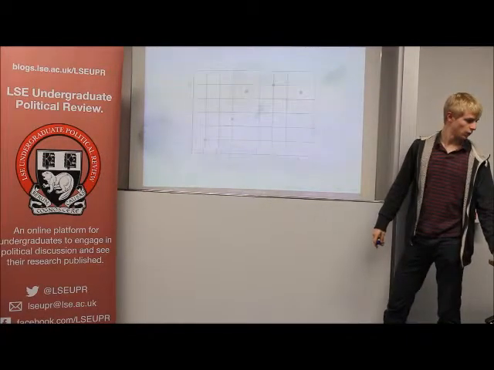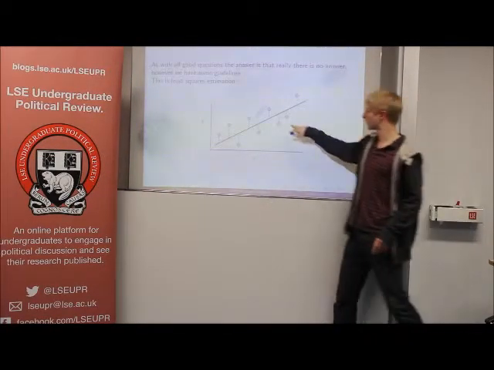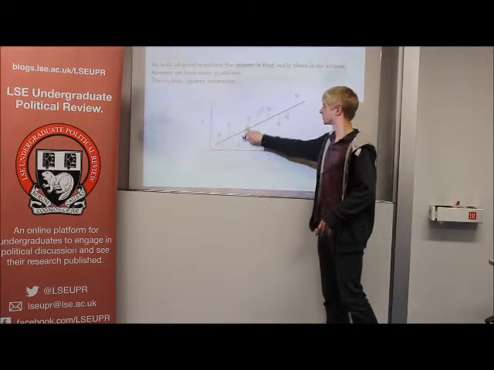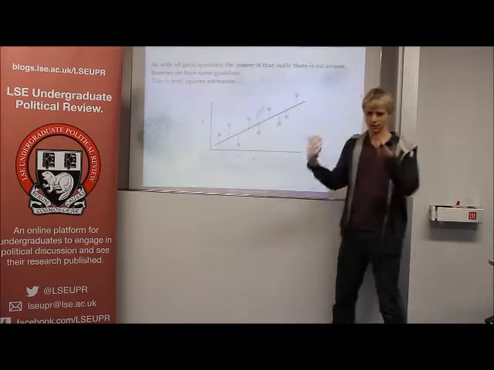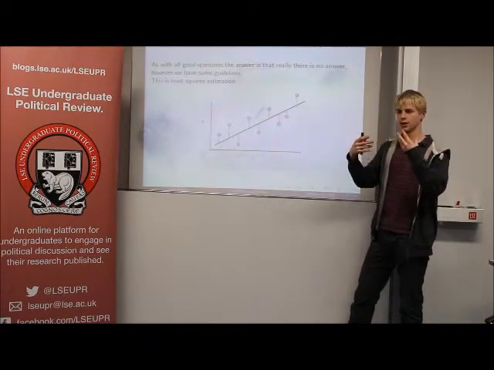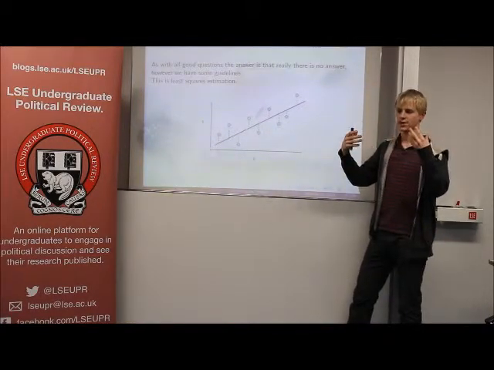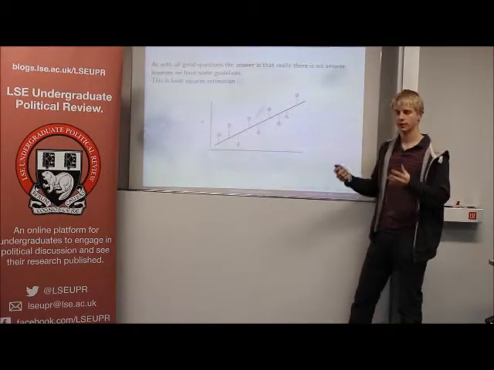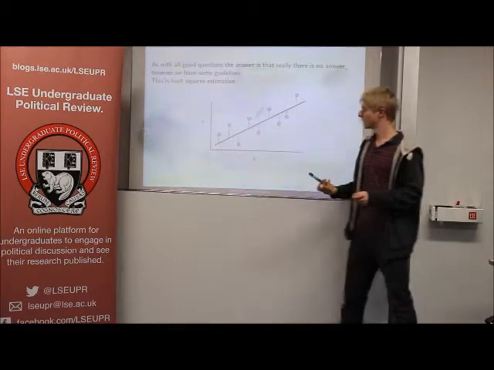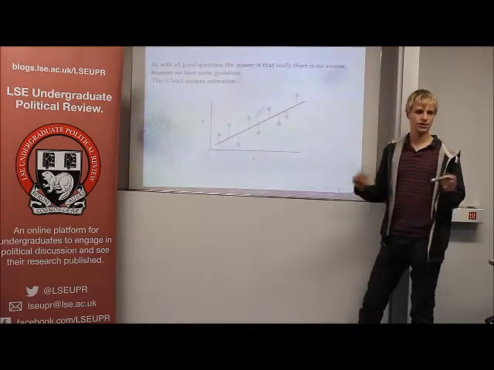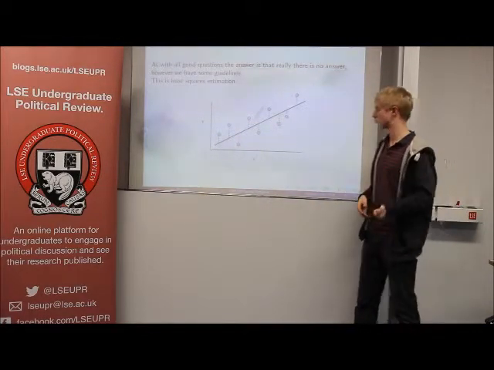What you've done by calculating these distances and then fitting this line is, as I said, ordinary least squares estimation. It's got a semi-complicated formula, but statistical packages will do it for you, so there's no particular need to worry about that.